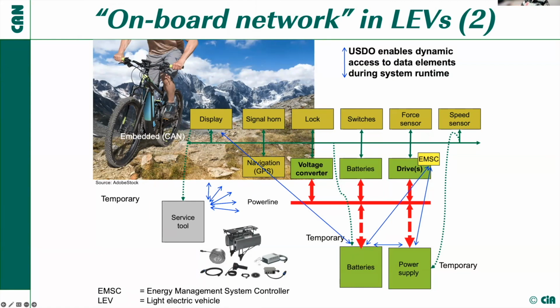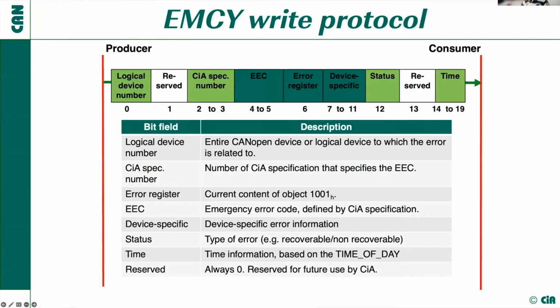Due to lack of time, I think I'll skip the emergency. I'll just show you that we enrich the emergency message with some additional information like time, so that you can bring the emergencies into chronological order, have an idea about the status of the errors, and see whether it is a frequently appearing error. And we clarify where the error event occurred.